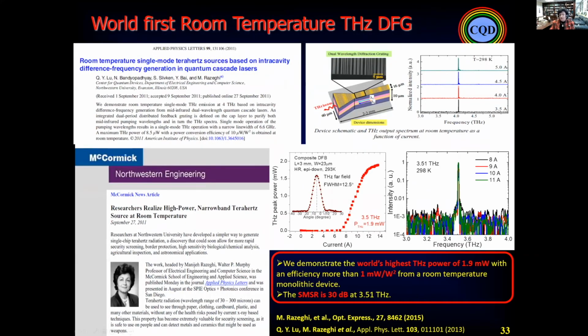We demonstrated up to 1 to 2 milliwatts with a very nice far field, at the same time continuous wave, and we demonstrated tuning. But unfortunately, that is only a demonstration, and it needs to continue to make it high power, high continuous wave at room temperature for the different applications.